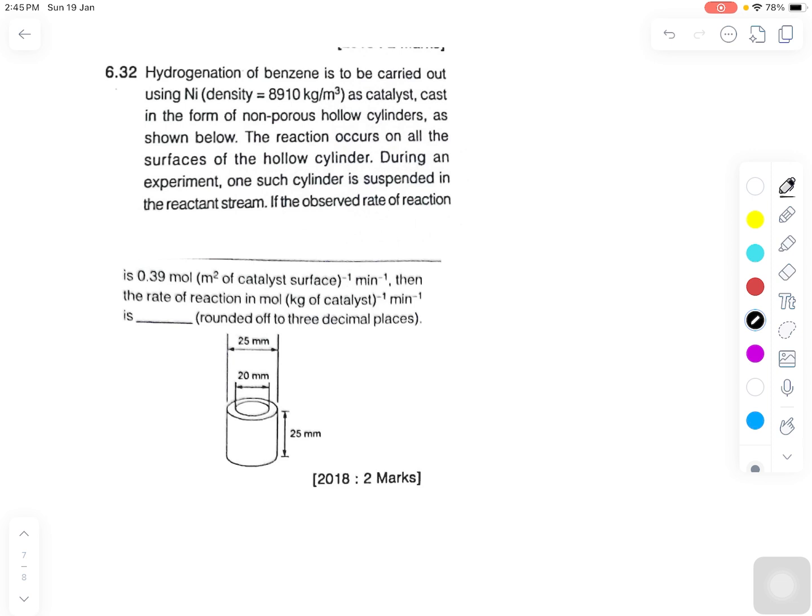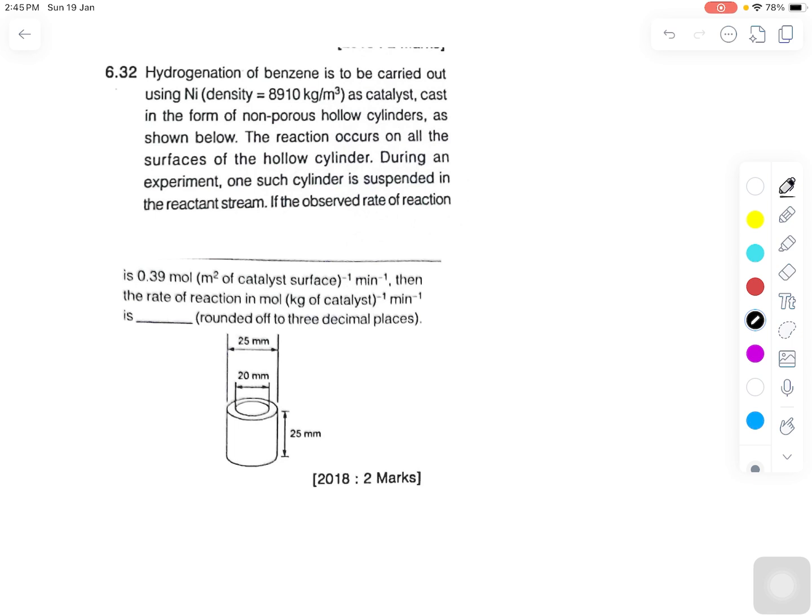Now the next question is 6.32. This question is also a good question. Hydrogenation of benzene is to be carried out using nickel as a catalyst, and there is a non-porous hollow cylinder as shown in the figure. The reaction occurs on all the surface of the hollow cylinder. During an experiment, one such cylinder is suspended in the reactant stream.